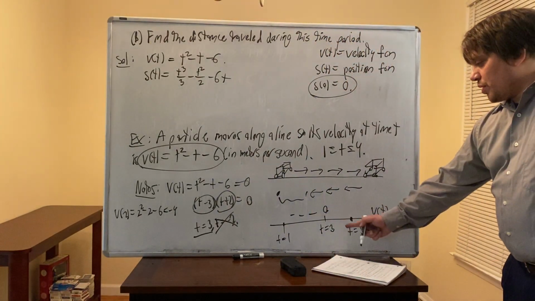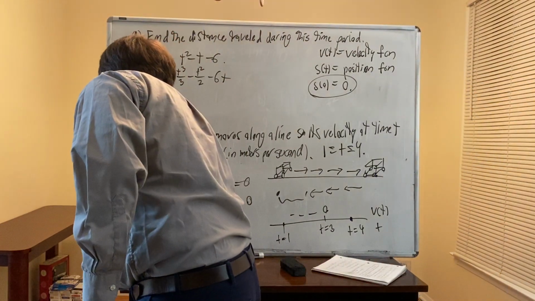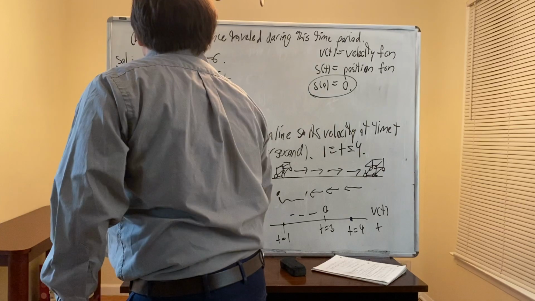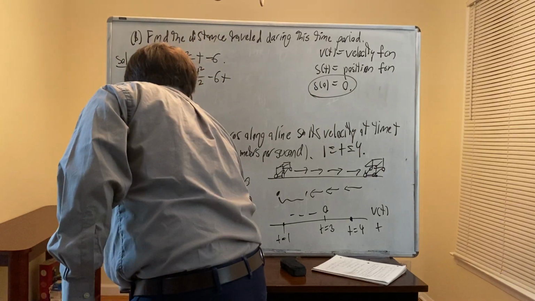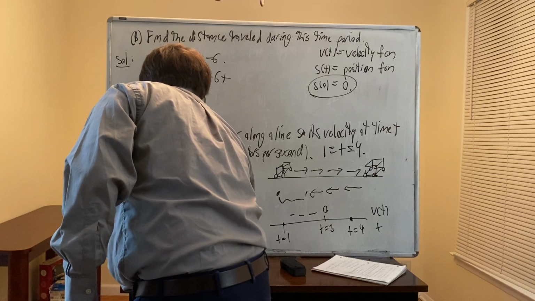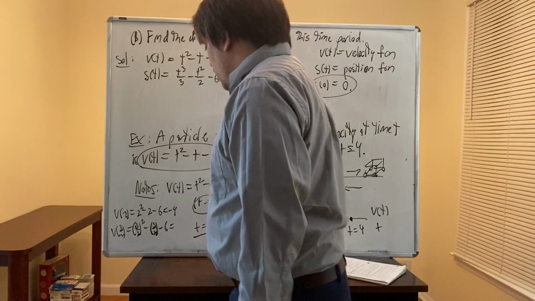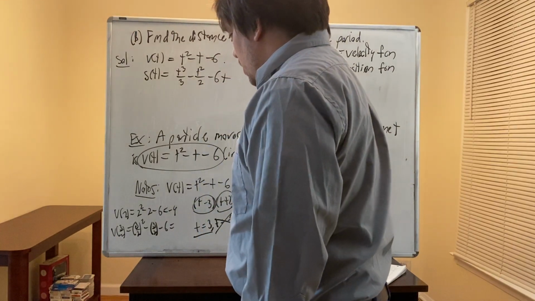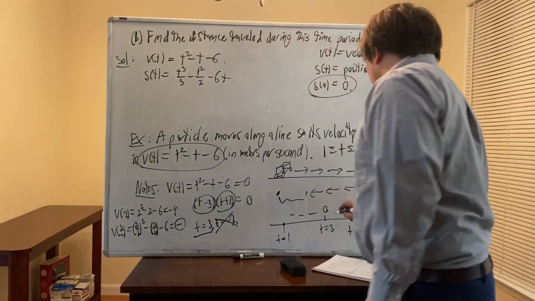Let's say you do t equals 3 halves. v of 3 halves is 3 halves squared minus 3 halves minus 6. That's 9/4, or 2 1/4, minus 3 halves minus 6. That's still negative.